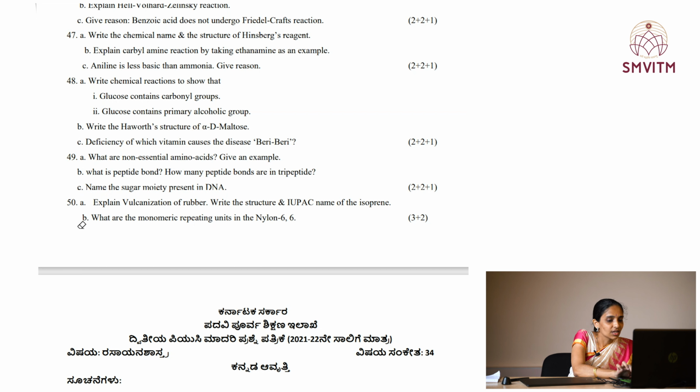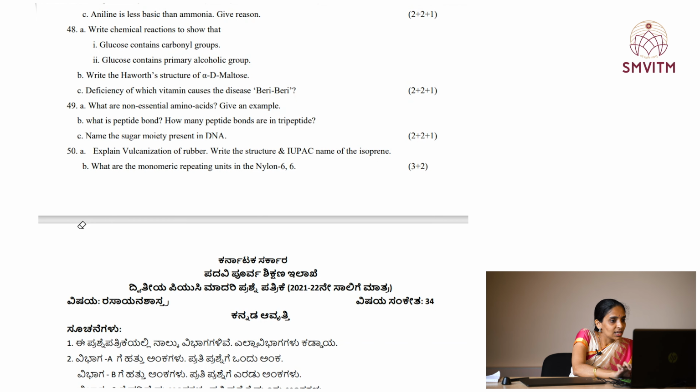So remember, in the last section, biomolecules, 2 questions, carbonyl compounds, 2 questions, and alcohol, phenol, ethers, 2 questions. And the last question, that is 50th question, is from polymers.